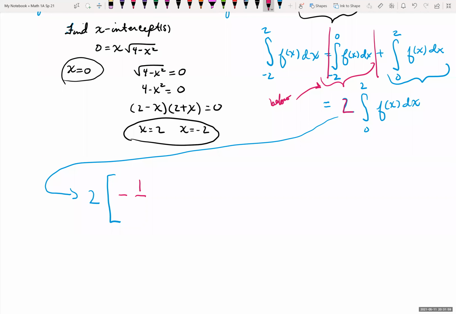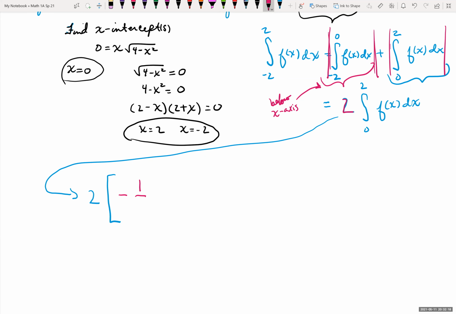We also discussed that if we didn't know which piece was above or below the x-axis, but we knew that it touched or crossed the x-axis at some point, we could just take the sum of the absolute value of each interval. And that would also work.